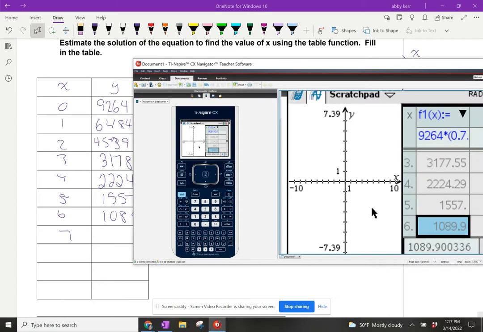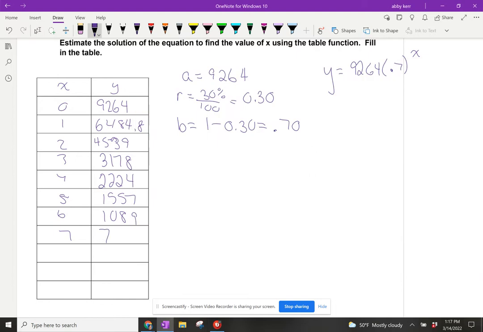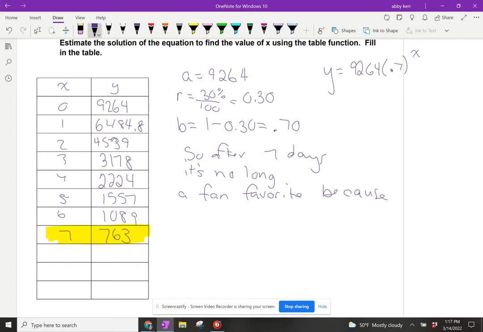Getting very close. So then we have 763. So this right here is where it hits below 1,000. So after 7 days, it's no longer a fan favorite, because there are only 763 views.